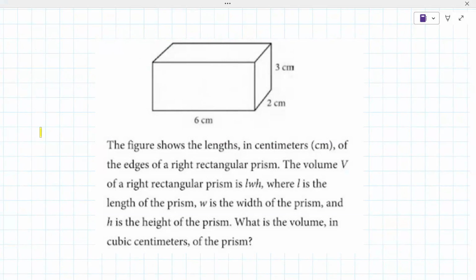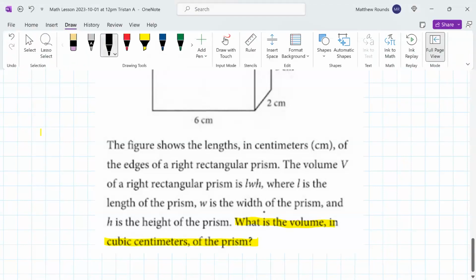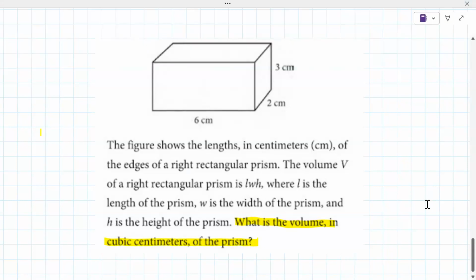What is the call to action? What is the volume in cubic centimeters of the prism? Yeah. Have you noticed how in every problem it's the last sentence? It's really important. You want to train yourself to go right there. Do you know the formula for volume?